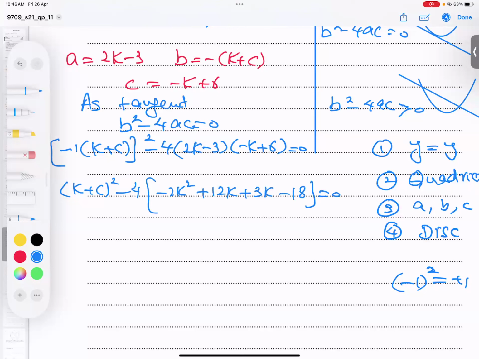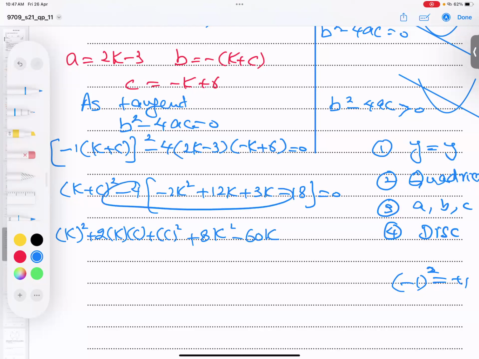Be careful. Okay, now here I'm expanding: first term square plus 2 into first term into second term plus second term square. Here negative multiply, but yes, I can do it directly. 4 2s are 8, so plus 8k square. This is 15 into 4, 60. So negative, negative, positive, 8 4s are 32 and 72.